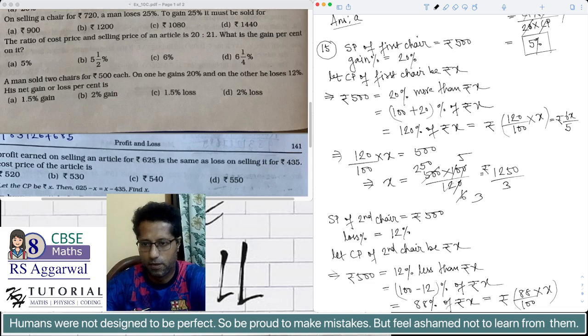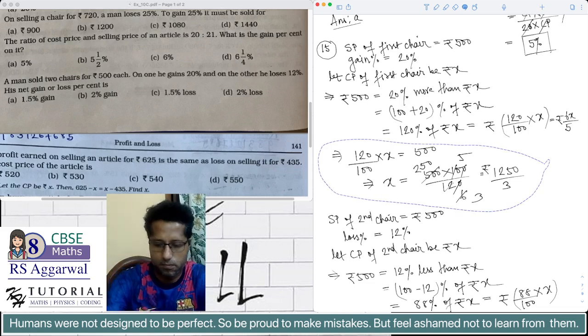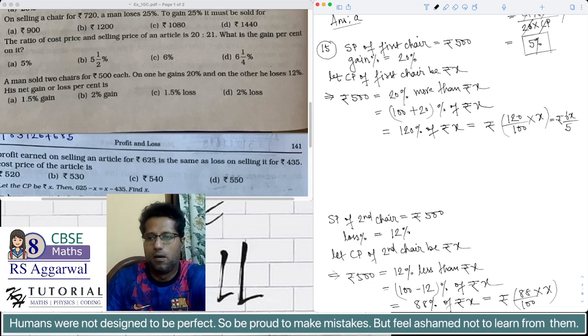X is equal to 500 multiplied by 100 divided by 120. So we have rupees 6x by 5. This implies 6x by 5 is equal to 500. So this implies X is equal to 500 multiplied by 5 divided by 6.